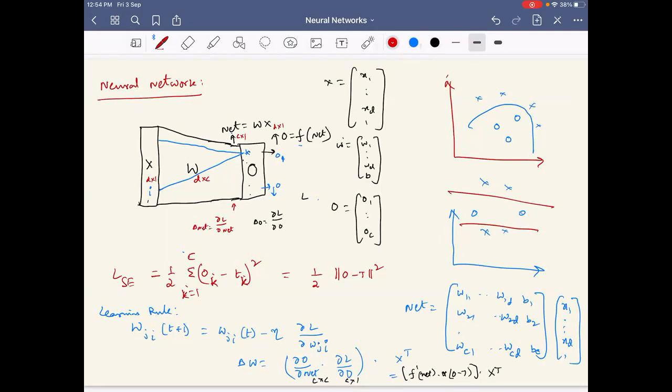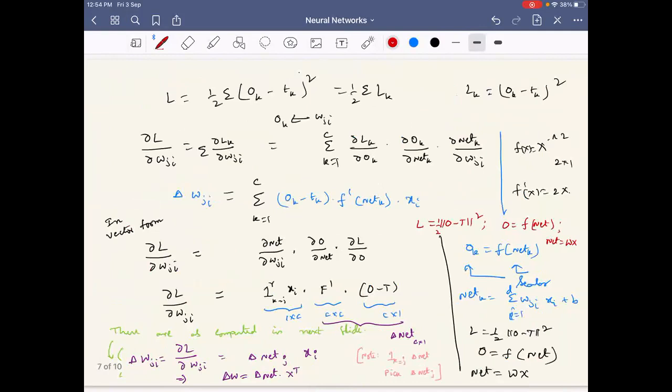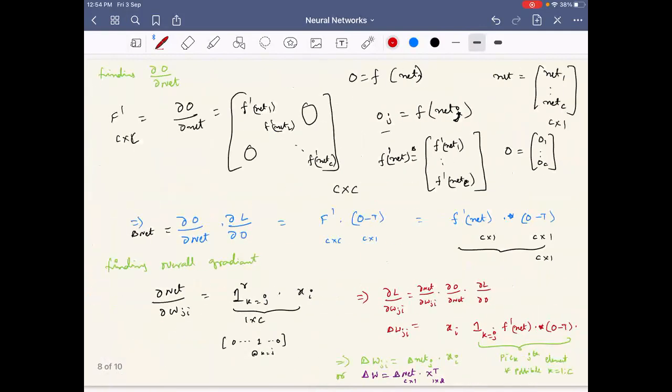So this can be written as delta net, which is C cross 1.